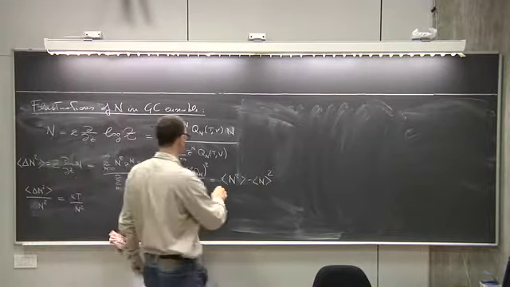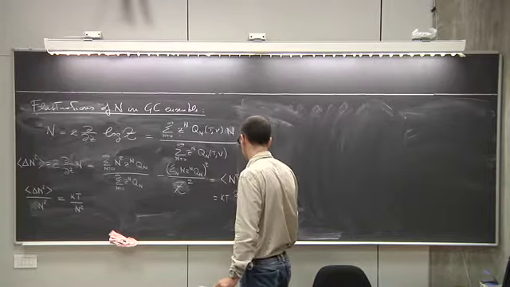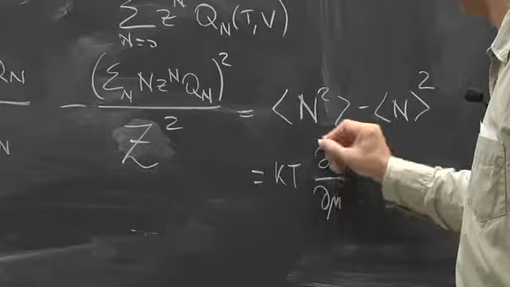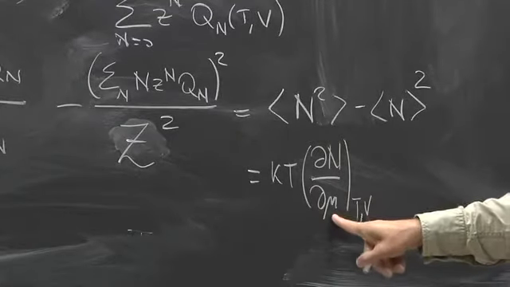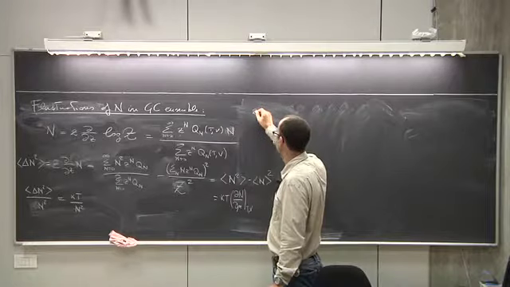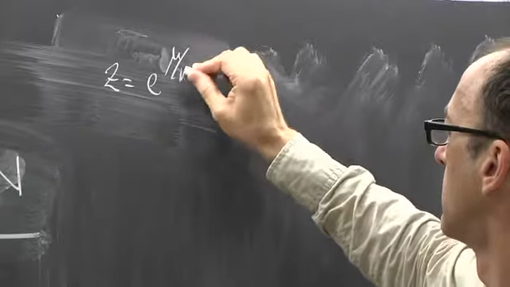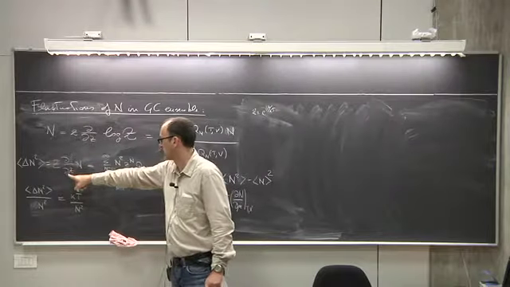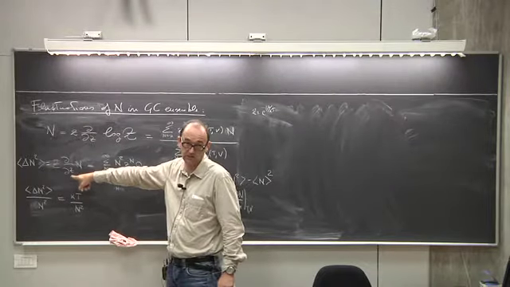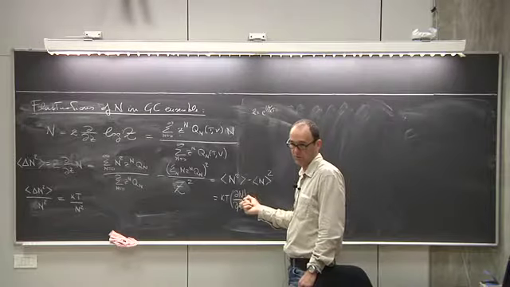which can be written, yes, this object here can also be written as kT times the derivative of n with respect to mu at constant T and V. Because I remind you that z is e to the mu divided by kT, and essentially this z times the derivative with respect to z is like a derivative with respect to log of z, which is 1 over beta times the derivative with respect to mu.